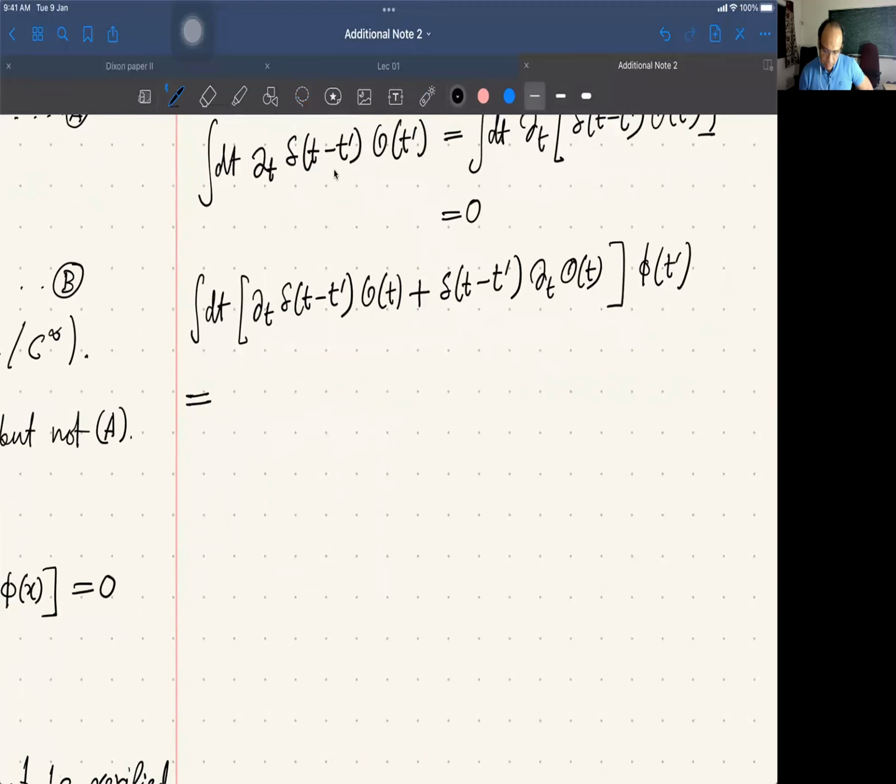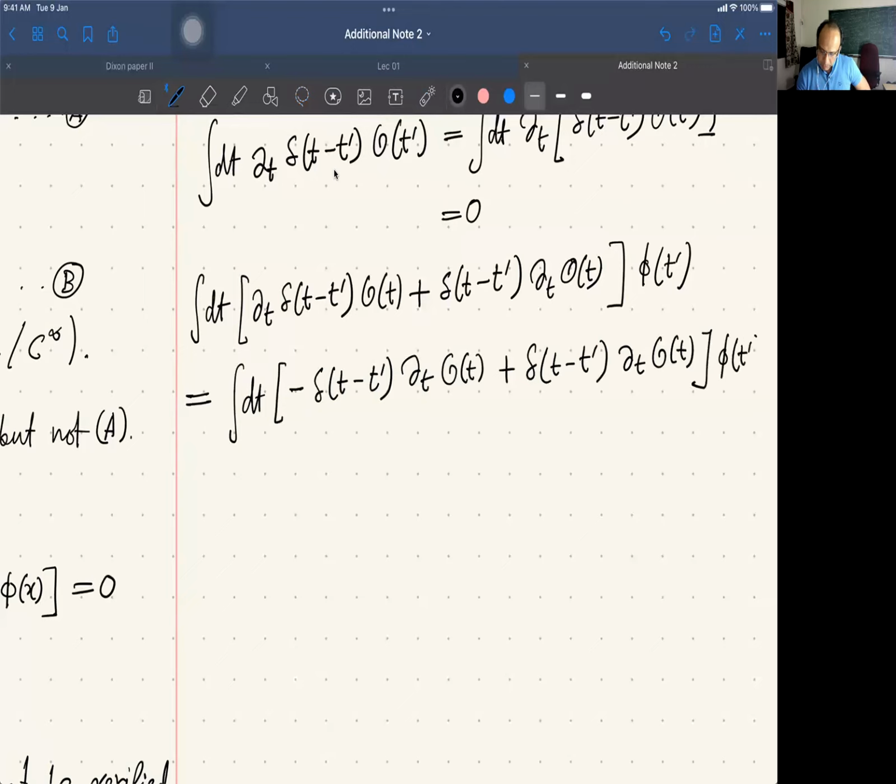It is a total derivative of both terms minus delta times the derivative of O t.